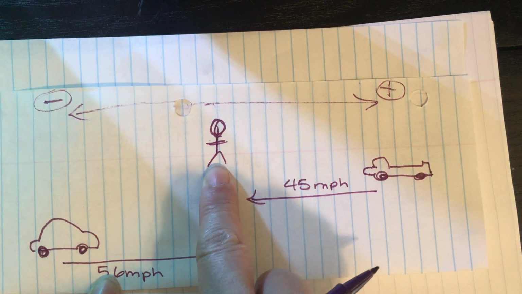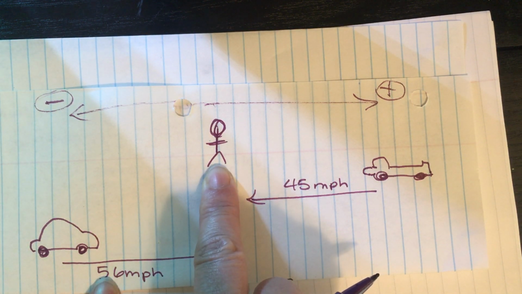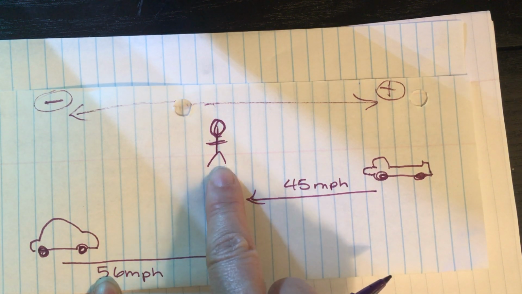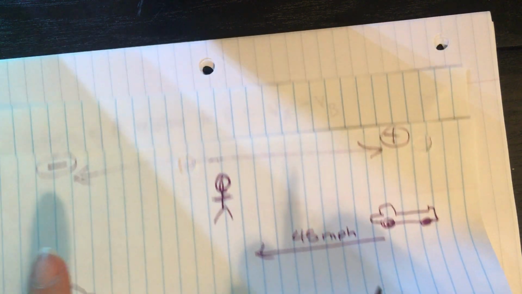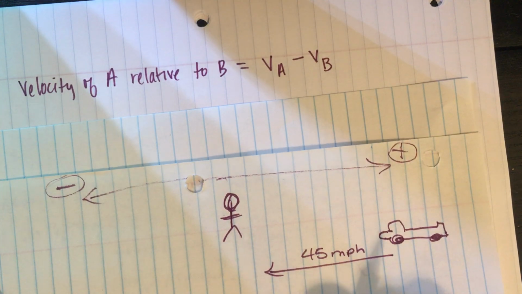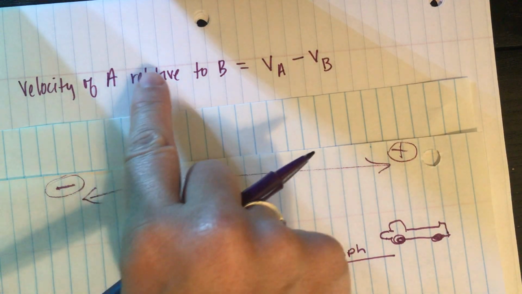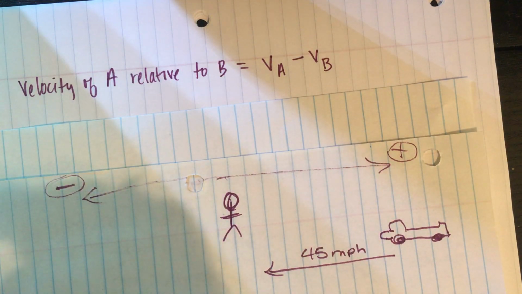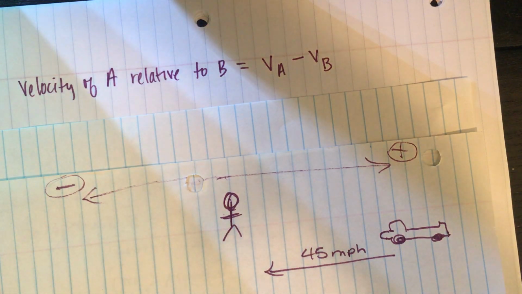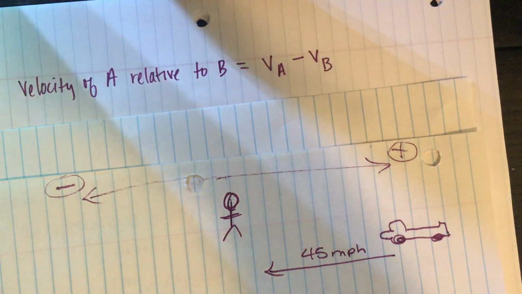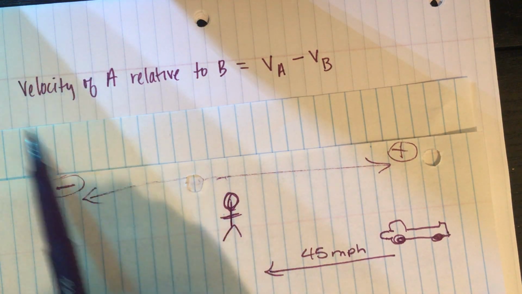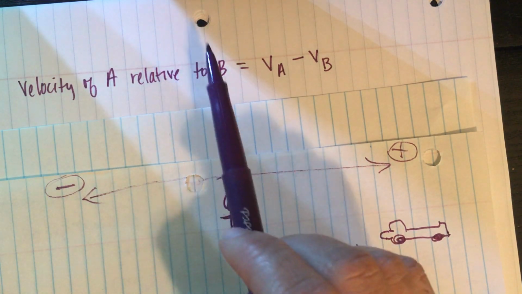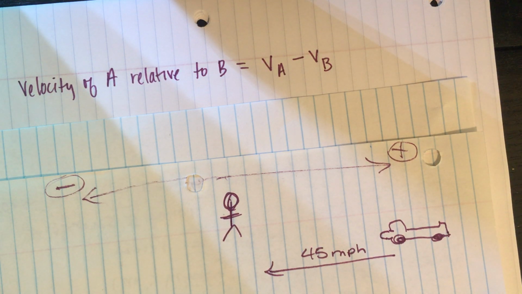So the beginning parts of this question ask, what velocity do you observe for the car? Okay, so let's look at our formula again. The velocity of A relative to B. So what velocity are you perceiving the car relative to you? So in this situation, we're looking for the car's velocity relative to you standing on the side of the road.